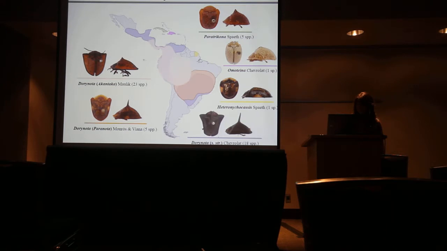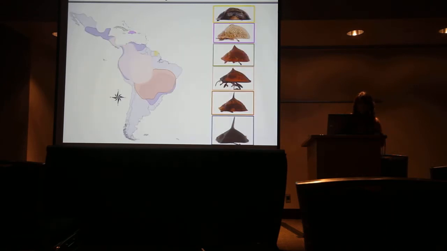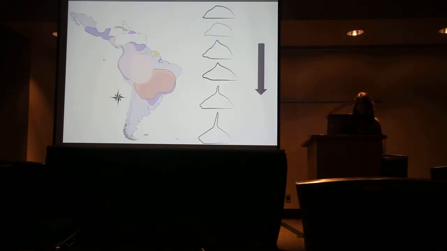But when you look at the distribution, you see a sort of latitudinal gradient in the morphology, where the ones further up in the neotropics, closer to the equator, don't present the spine, or they just present a small tubercle or nothing. And the ones further south present a very large, thin spine.